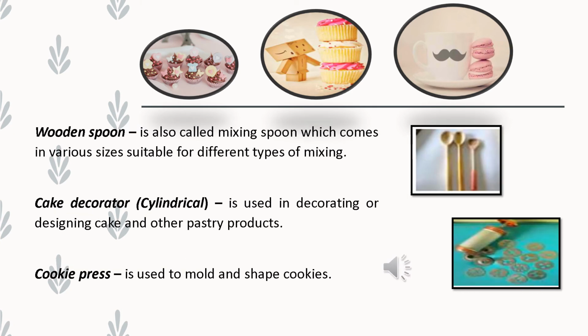Wooden spoon is also called mixing spoon, which comes in various sizes, suitable for different types of mixing. Cake decorator or cylindrical is used in decorating or designing cake and other pastry products, while cookie press is used to mold and shape cookies.